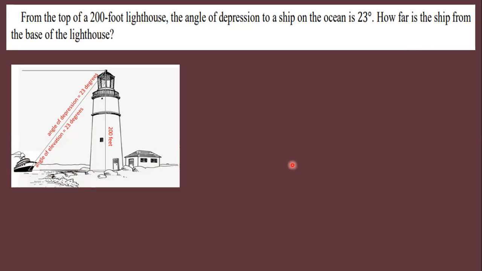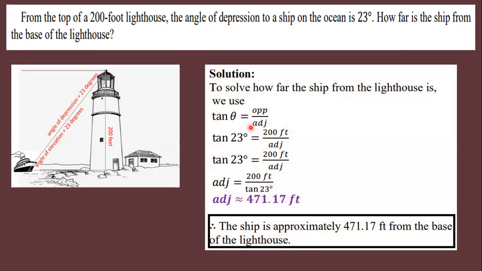And what do you think are we going to use? What trigonometric functions? I hope you got it right, because we will be using tangent since we have the given opposite side. This is the opposite, and then the adjacent side of the angle.